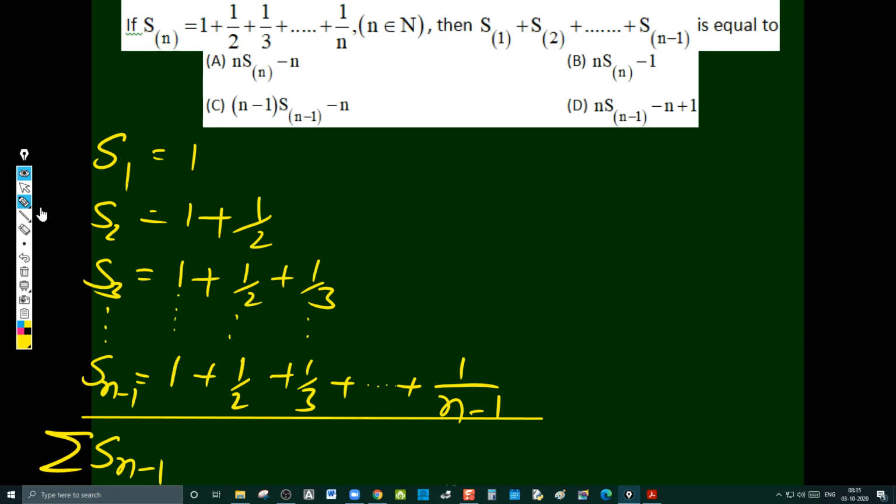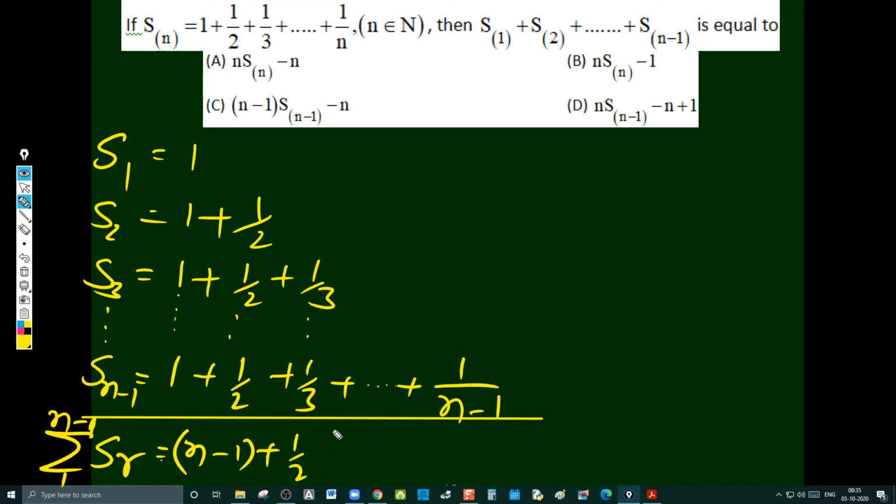I'm just writing like that, or otherwise you take that sigma SR, R runs from 1 to n minus 1. It's nothing but, how many ones are there? N minus 1 ones are there.